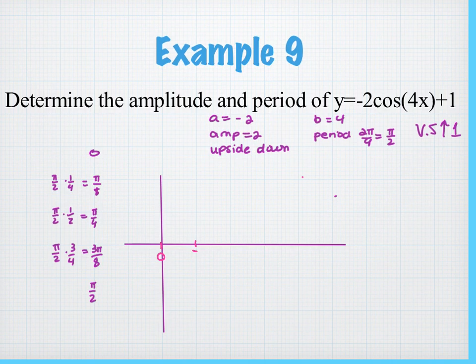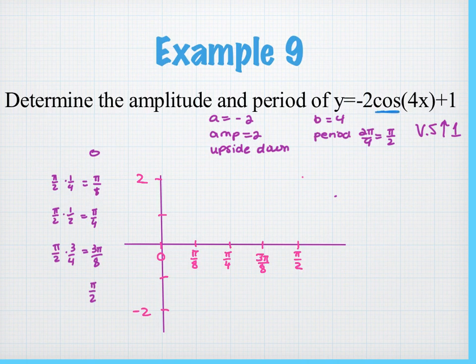So 0, pi over 8, pi over 4, 3 pi over 8, and pi over 2. Amplitude is 2. But it's negative. So instead of starting, it's cosine, right?